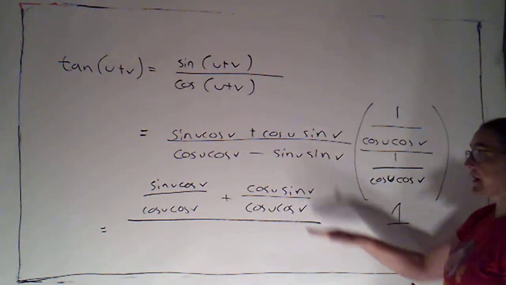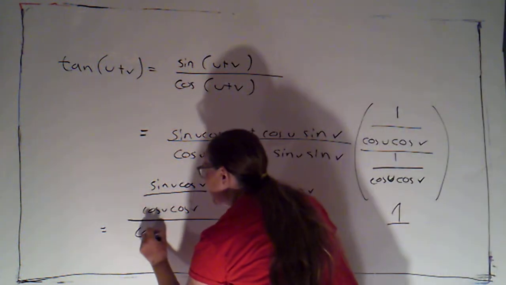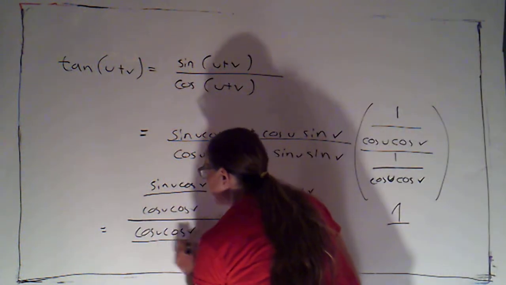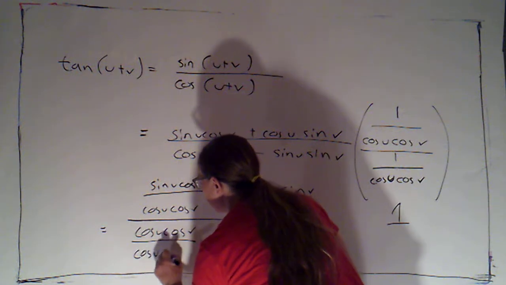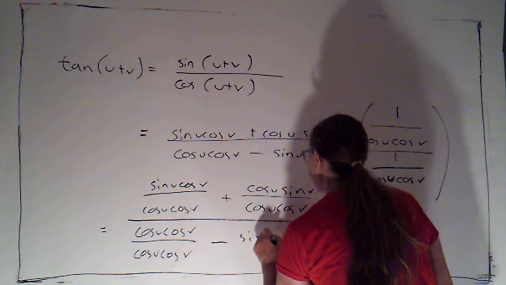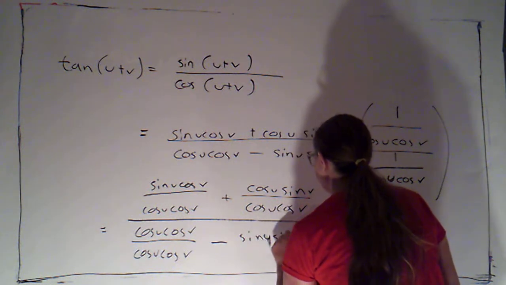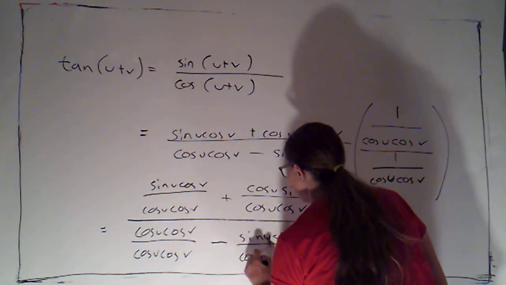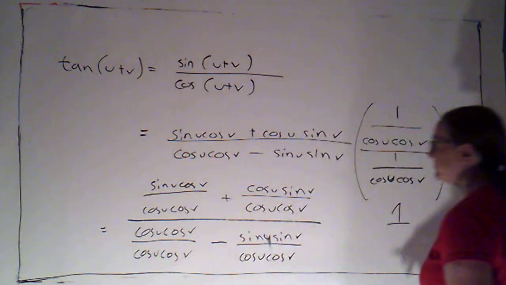Then on bottom, we've got cosine u cosine v, and I'm dividing that by cosine u cosine v, minus sine u sine v divided by cosine u cosine v.